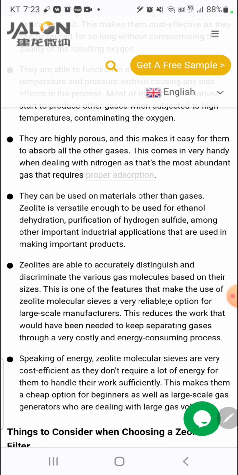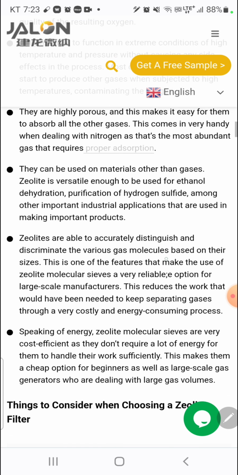They can be used on materials other than gases. Zeolite is versatile enough to be used for ethanol dehydration, purification of hydrogen sulfide, among other important industrial applications that are used in making important products.